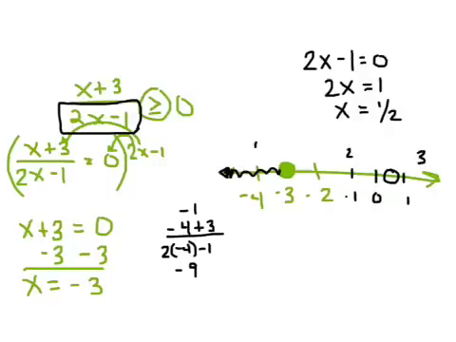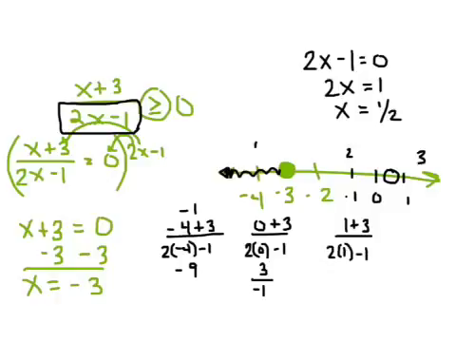If I put 0 in there, 0 plus 3 over 2 times 0 minus 1, that's 3 over negative 1. That's not true. But if I put 1 in there, 1 plus 3 is 4, over 2 times 1 minus 1. That is true. So if you did not set the bottom equal to 0, you would have got the stuff to the left, but you would not have got the piece to the right.